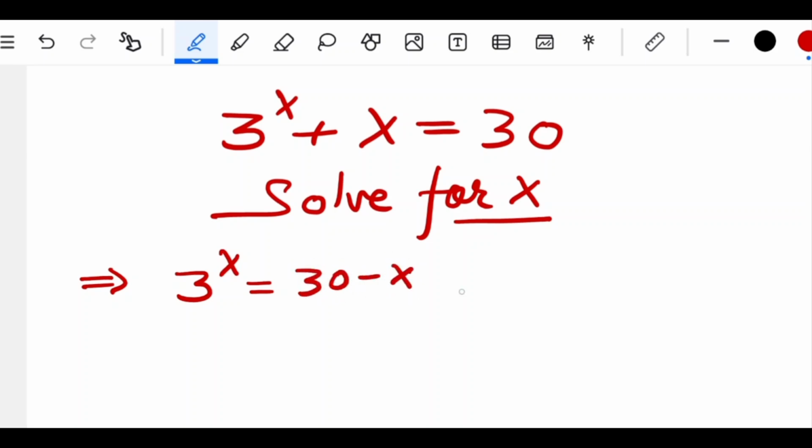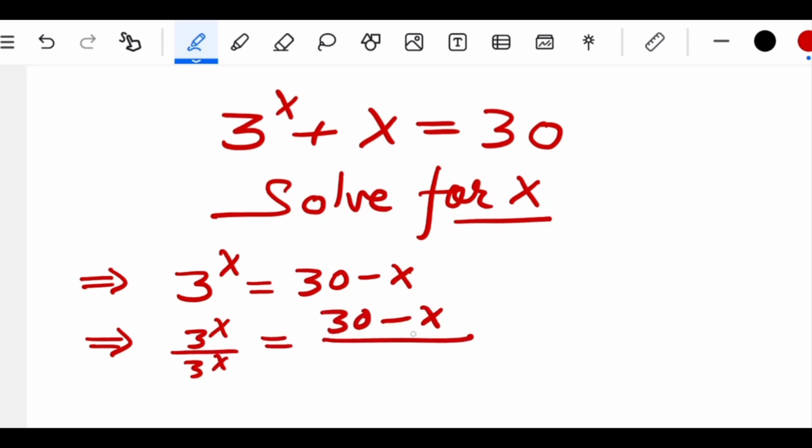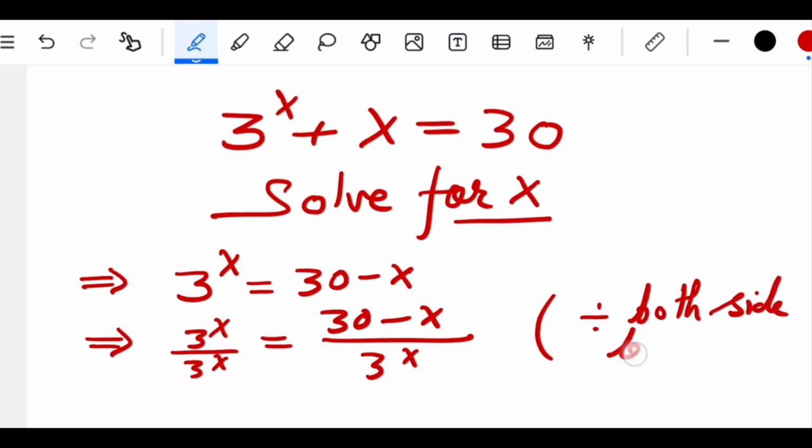Now divide both sides by 3 raised to x. 3 raised to x upon 3 raised to x is equal to 30 minus x upon 3 raised to x.